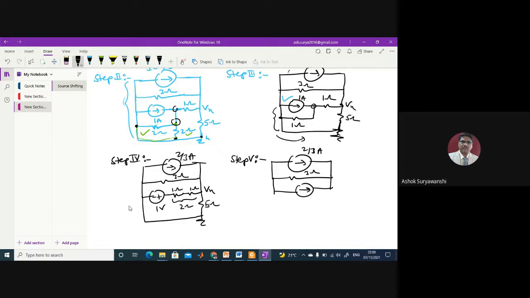I is equal to V by R. V is 1 volt, R is 2 ohm, so it is 1 by 2 ampere, and this 2 ohm will come across this current source, right? So this one we are done, and then just lower to this right side, there's a Vx. Suppose I will just call this Vx, and then from Vx lower side is 5 ohm, and at the bottom it is ground, and then we have to connect this one.